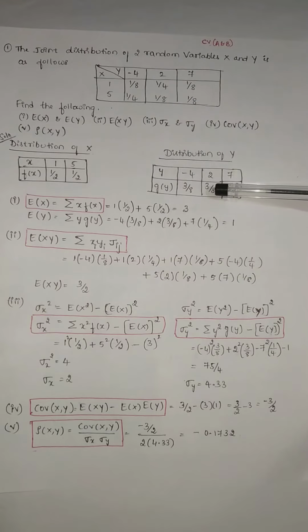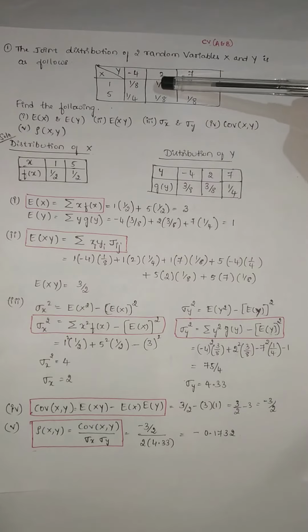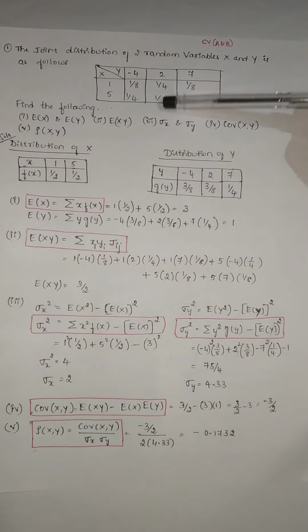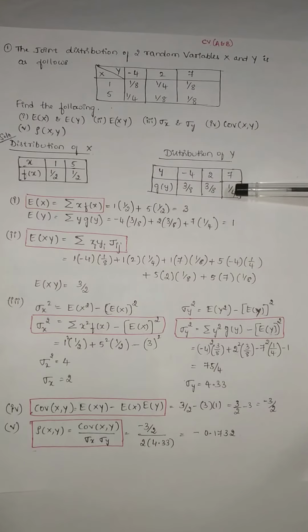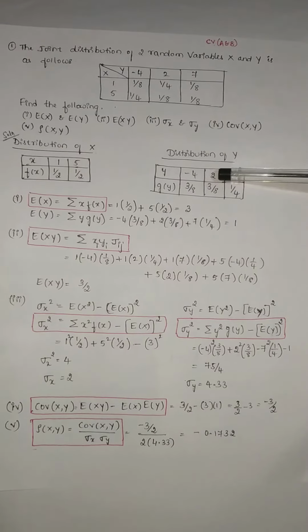To enter the number in the second box, you add the second column elements, and to fill the third box you add the third column elements.